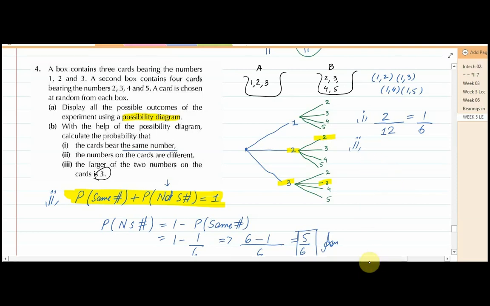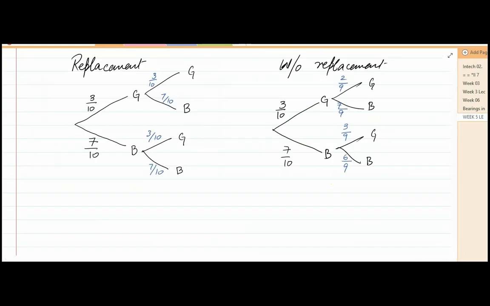So I think that is enough for today's class. Inshallah in the next class we are going to continue with the book questions. And for revision, you can do probability from Book 2, 6th edition. You can find the basic probability in Book 2, 6th edition.